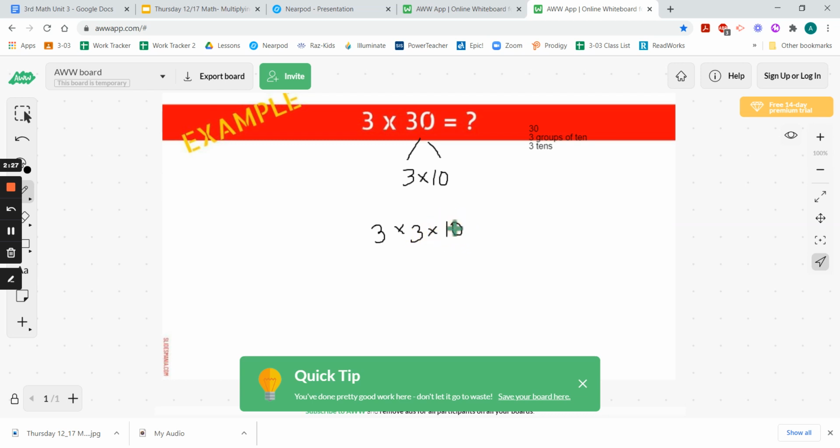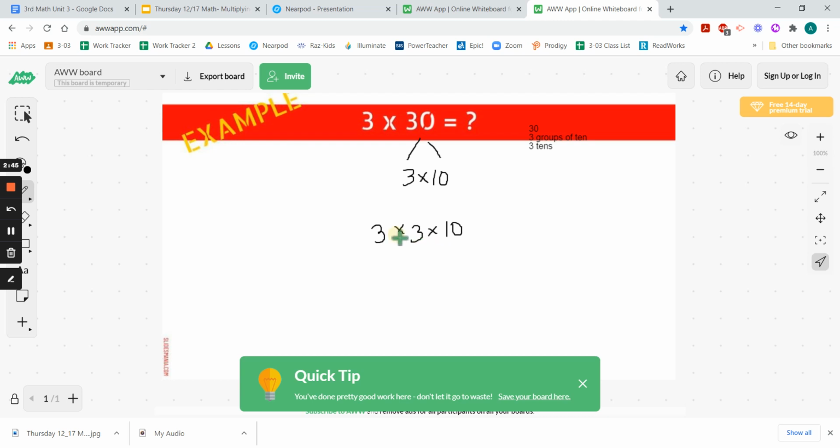Do you remember on Tuesday we practiced multiplying 3 factors together? Here we have our 3 factors, and we are going to use the associative property of multiplication to show why that shortcut, that pattern, exists.